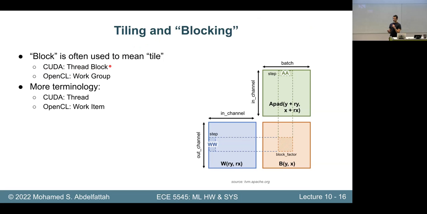And so that's the number of threads or your thread iteration variables that are associated with one of your tiles. In OpenCL, which is the alternative to CUDA, which runs on AMD GPUs, but also many other things, the thread block is often called work group. And in CUDA, it's called thread. In OpenCL it's called work item. But basically, this is what a block or a tile is usually referred to in CPU and GPU land.